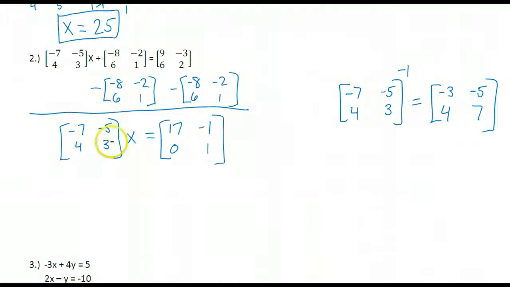So to get rid of this matrix, I'm going to multiply both sides of the equation by that inverse.